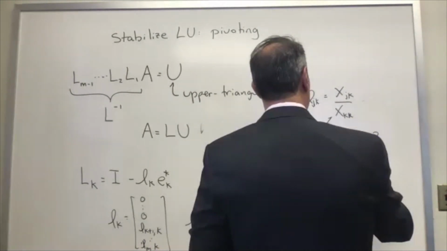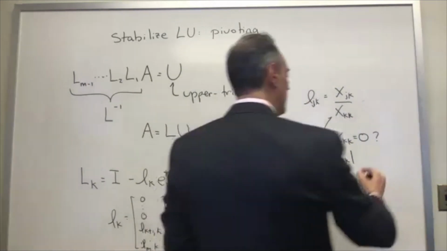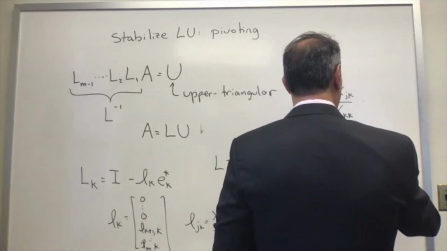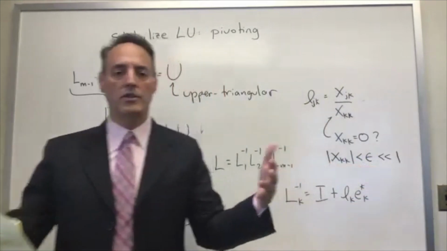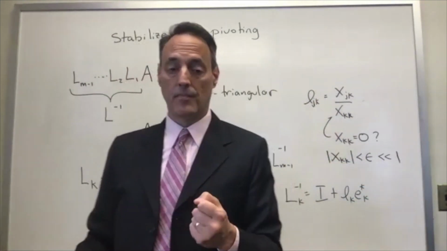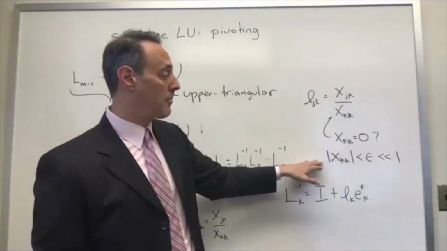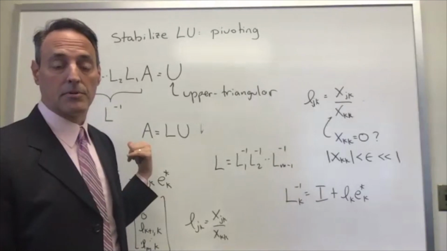What if the absolute value of that thing is less than some epsilon, which is small, much smaller than 1? For instance, what if that thing is 10 to the minus 8, 10 to the minus 10? These are the kind of operations that lead to instability in the Gaussian elimination procedure.